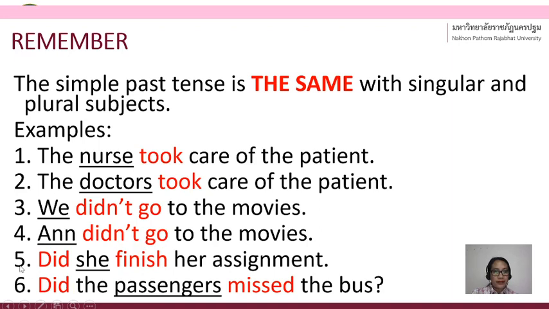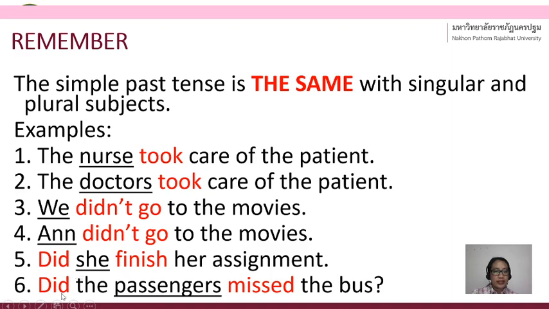Number 5 example: Did she finish her assignment? Did, okay, this is a question form. She is the subject and finish is the base form of the verb. And number 6: Did the passengers miss the bus?